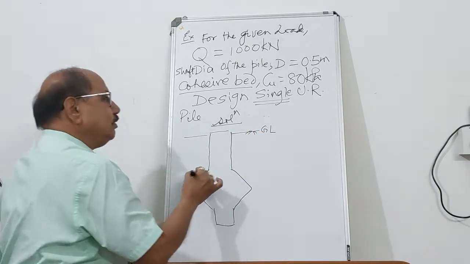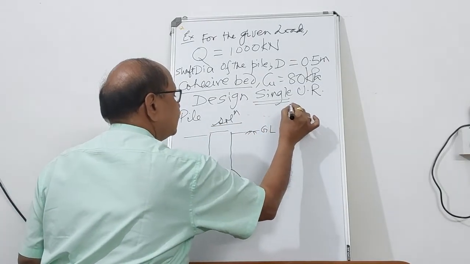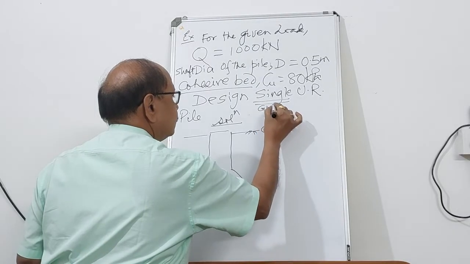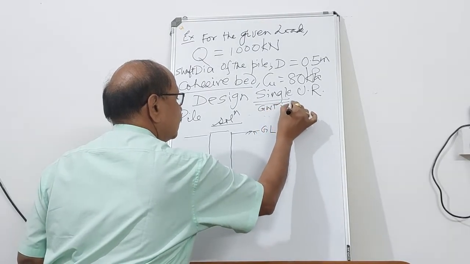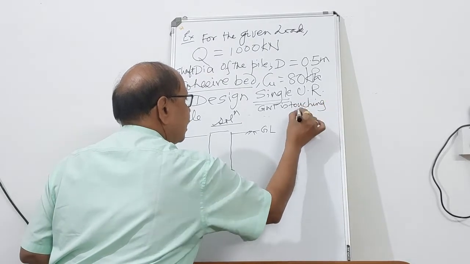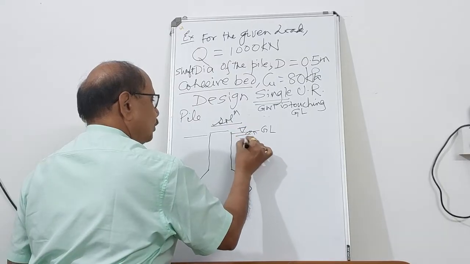This is the ground level, and the condition is given that the groundwater table is touching ground level. So water table is up to here.